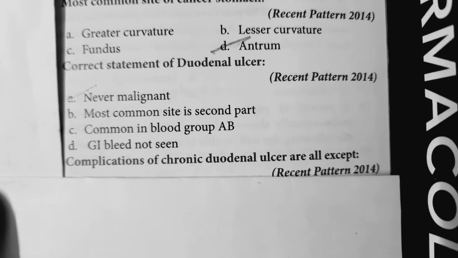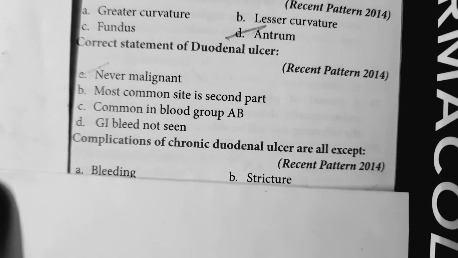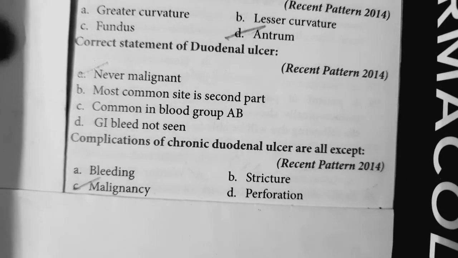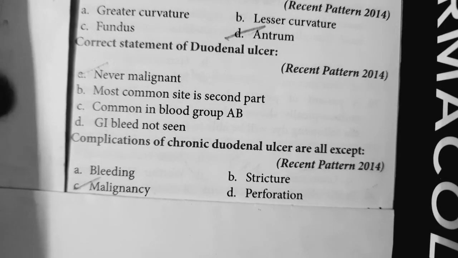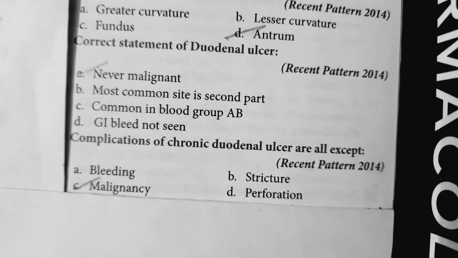Complications of chronic duodenal ulcer are all except. If you see the options, bleeding, stricture and perforation are the complications of chronic duodenal ulcer, whereas malignancy is not a complication of chronic duodenal ulcer.